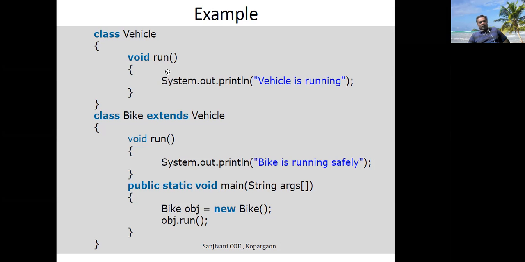In both classes the same method is defined. The statements inside the methods are different, but the signature of the method in both classes is the same. When you create the object of the derived class, the method of the derived class gets called.